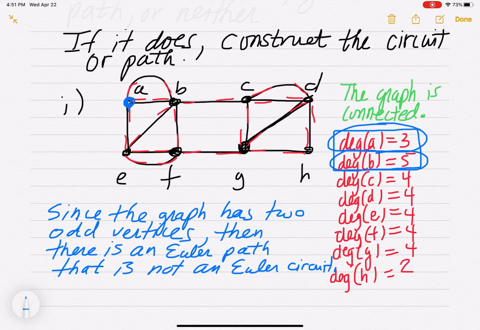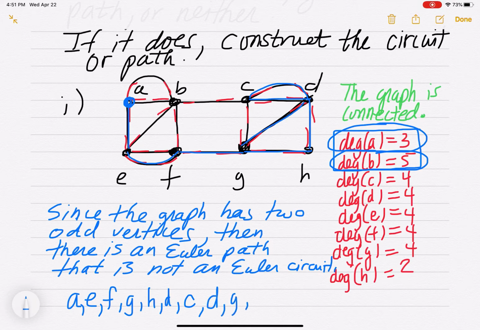So I'm going to go from A to E, then around here, E to F. F to G. G to H. H to D. D to C. C to D. D to G. G to C. I have to visit every single edge.